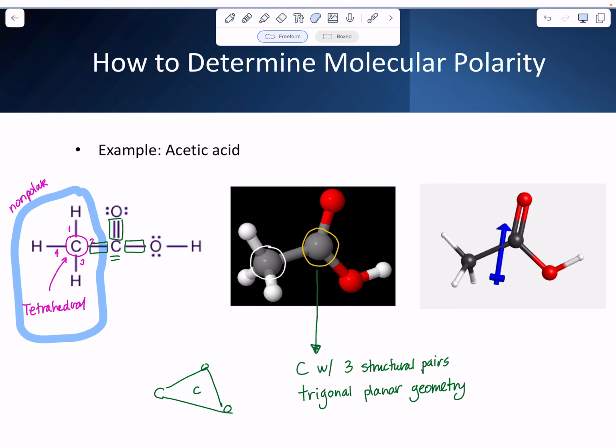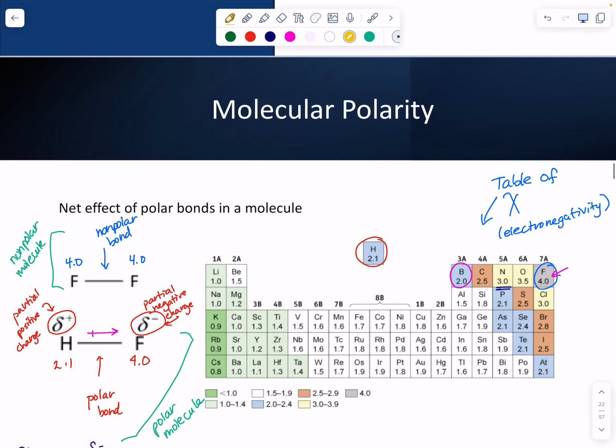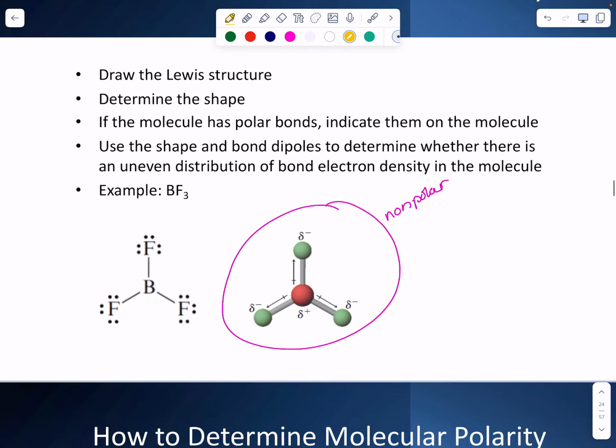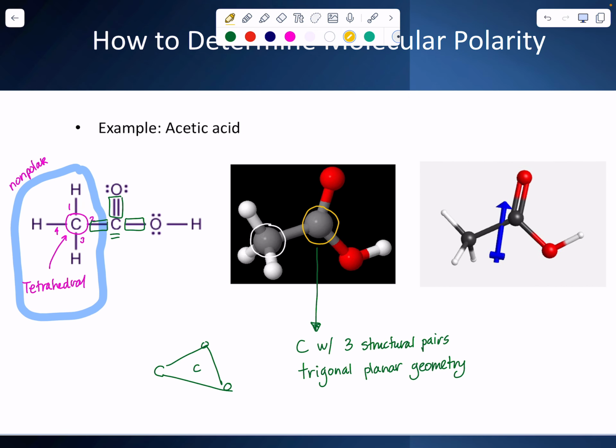All right, so let's see, do we have any bond dipoles? Carbon and oxygen. Carbon's 2.5, oxygen's 3.5. That's a big enough difference to be significant, right? So we've got 2.5, 3.5, 2.5, 3.5.